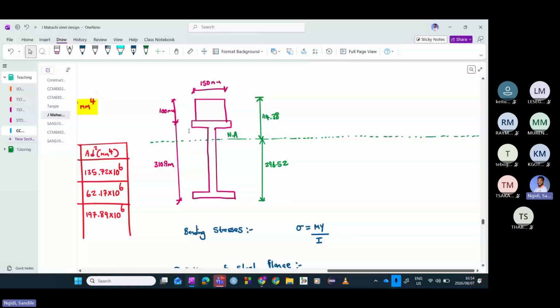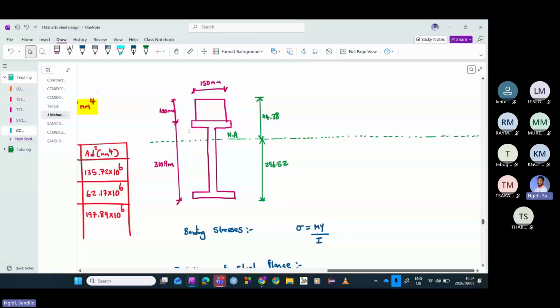Because if you look, position two that we are talking about is somewhere here. So which means that we are looking for this distance from here to here. That's the distance that we are looking for. Position one is here, and here is the bottom of this steel flange.